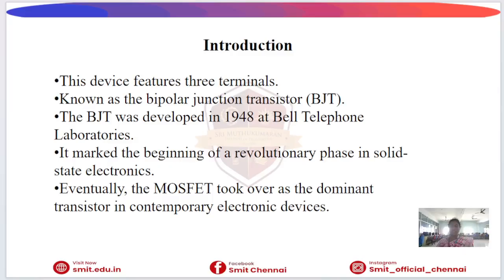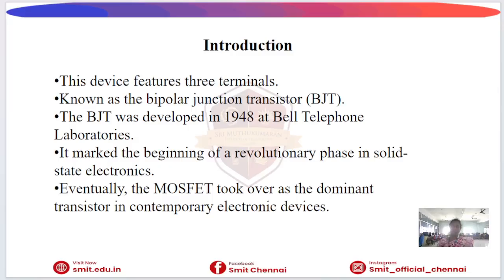This invention was a revolution in electronics because it replaced the bulky vacuum tubes. Later the MOSFETs became dominant in integrated circuits, but BJTs are still widely used in amplifiers, analog circuits, and switching circuits.